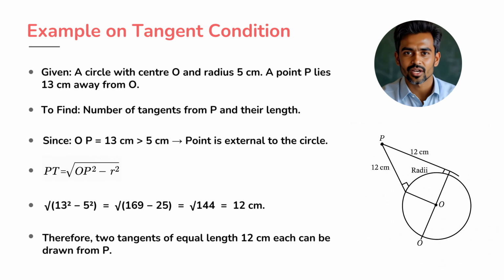PT equals square root of (13 squared minus 5 squared). That is, square root of (169 minus 25) equals square root of 144, which gives 12 centimeters. Hence, from point P, we can draw two tangents, each having a length of 12 centimeters. Simple logic, clean geometry. And that's exactly how you'll solve similar questions in your exams.